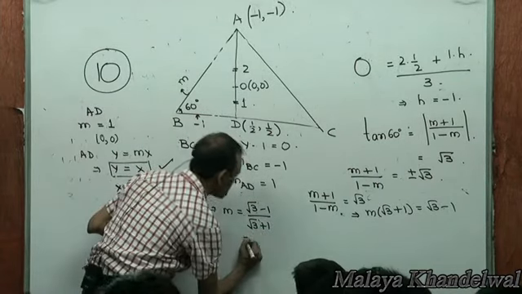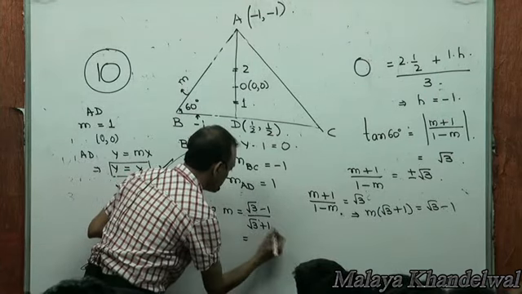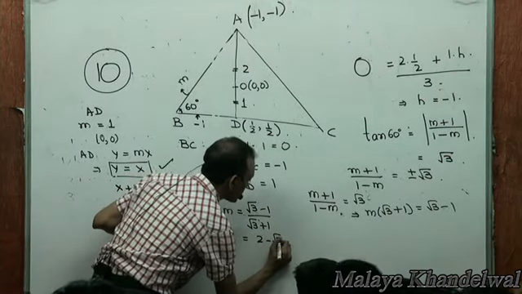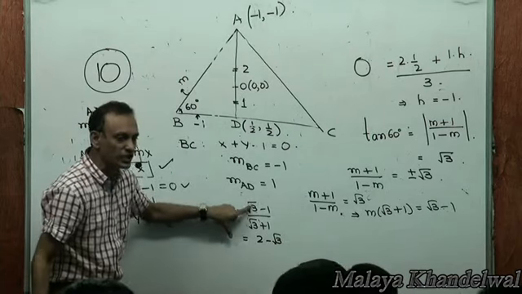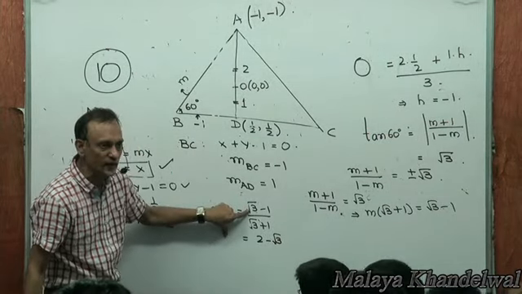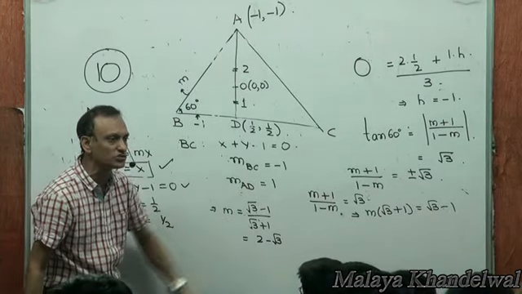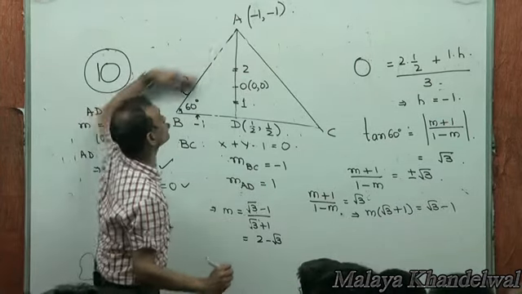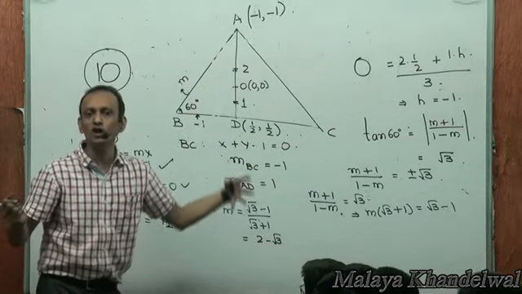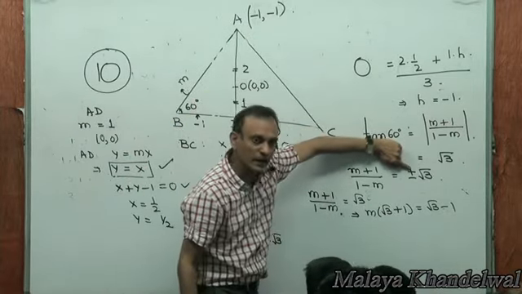Multiplying numerator and denominator with √3 minus 1, the denominator will become 3 minus 1, 2. The numerator will become √3 minus 1 whole squared, which is 3 plus 1, 4 minus 2√3, divided by 2, which is 2 minus √3. So one of the two lines would have slope 2 minus √3. Yes or no?